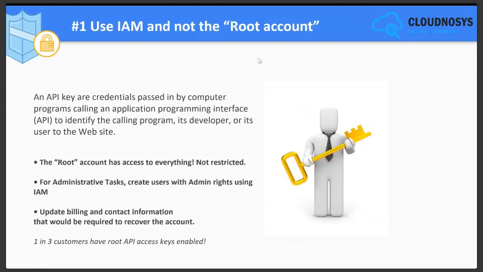And an API key is passed into these credentials by your computer. So normally, you should avoid creating the root account and keep in mind that 1 in every 3 customers have root API access keys enabled. So these access keys for the root API should be disabled, and that's one of the principles of the CIS.